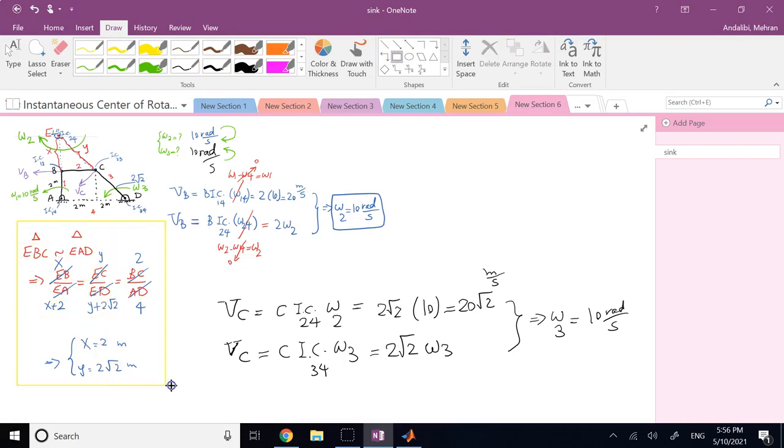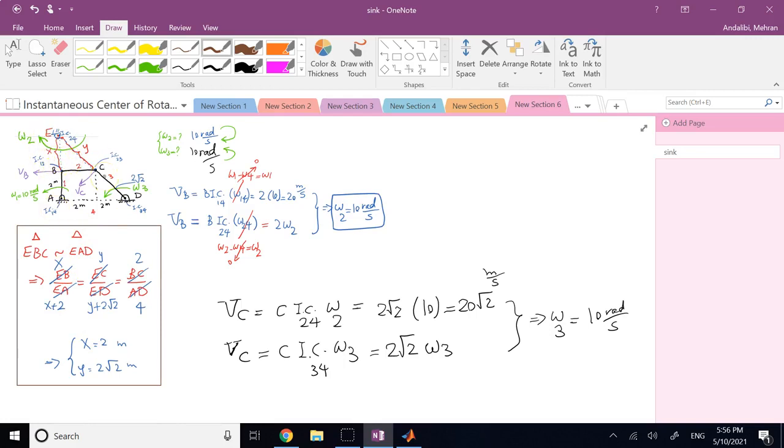And it will be a little bit more difficult when the member here, member BC, is not horizontal. When it's not horizontal, then you're not going to get these similar triangles, and you have to use the laws of sine and cosine to find distances x and y.